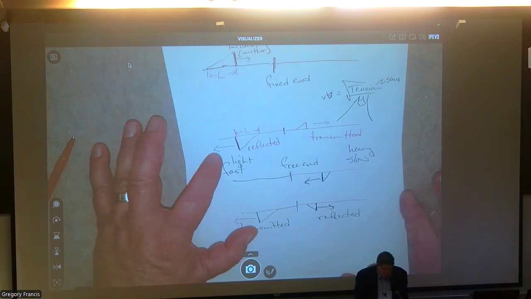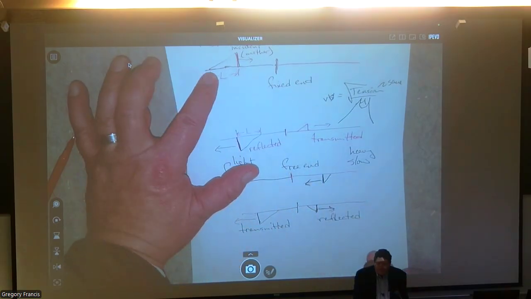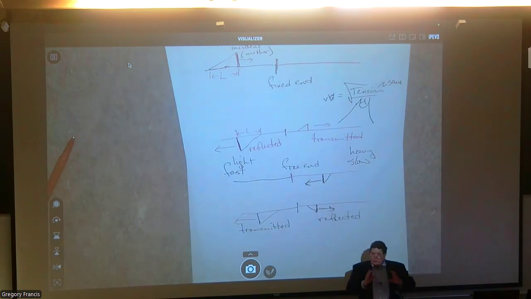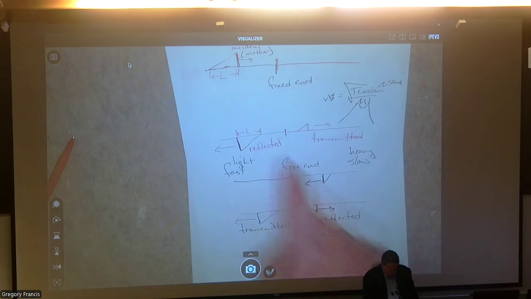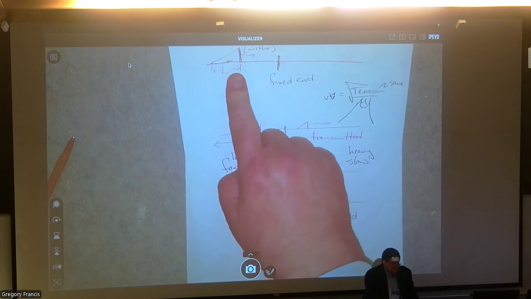What you would say is, well, it had to be coming in on the fast side because it hit a fixed end. And then if I asked you what was the shape of that mother pulse, and gave you a whole bunch of different shapes, some upside down, some right side up, some with the leading edge over here, you would have to pick that one out of a lineup, just like going down to the police station and finding your mugger.